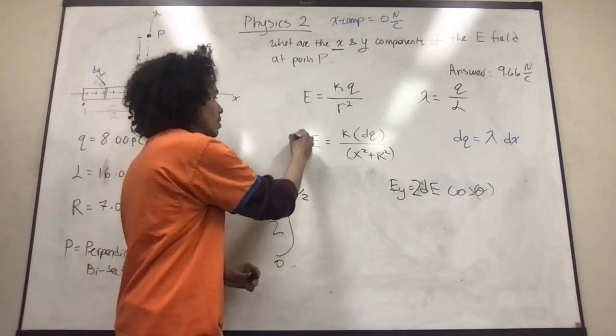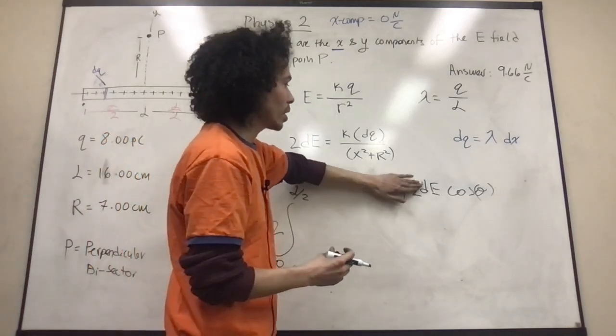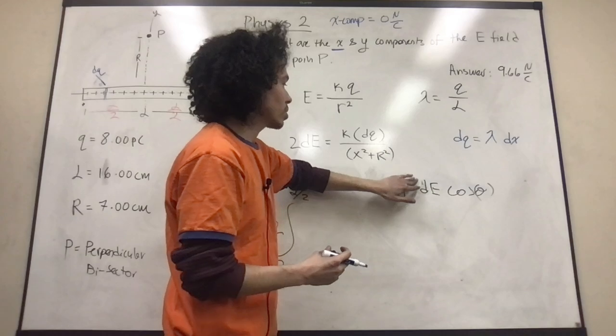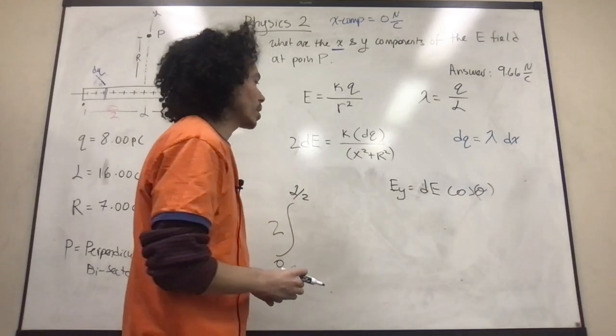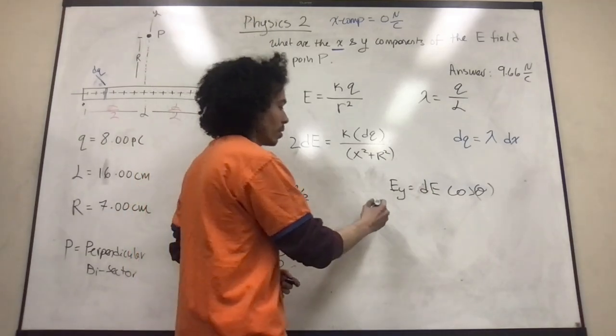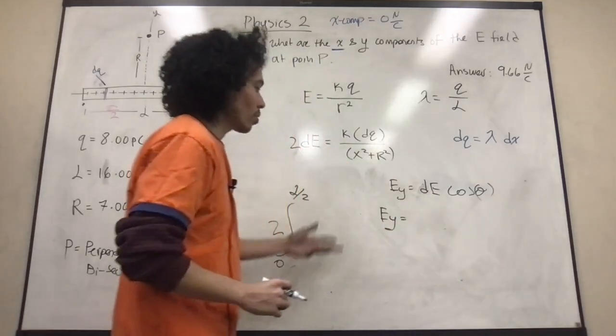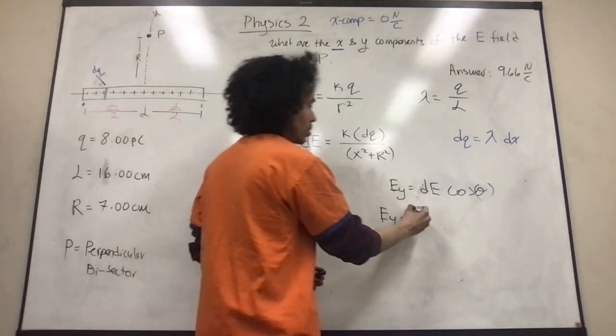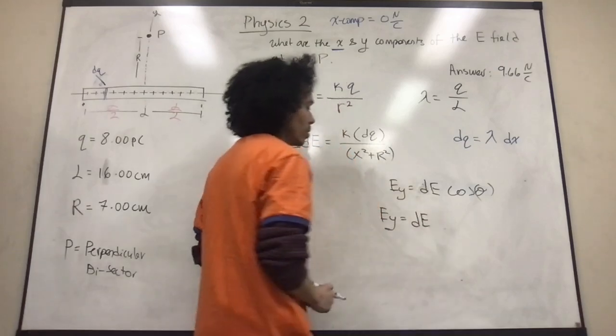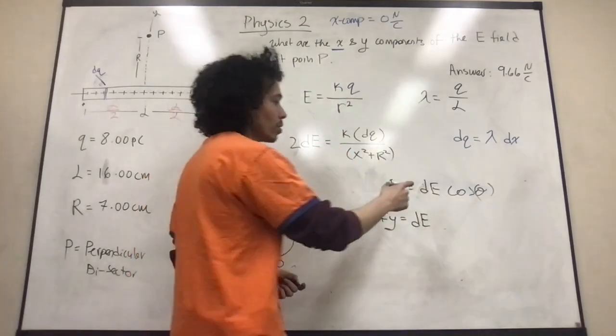I'll leave it there and take the 2 out of here, because here we're just looking at the y component. So our y component is equal to the magnitude of the resulting vector, and then our cosine.